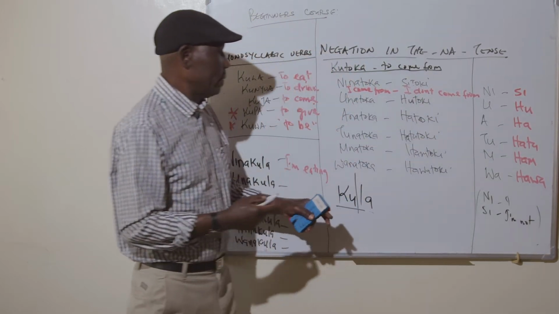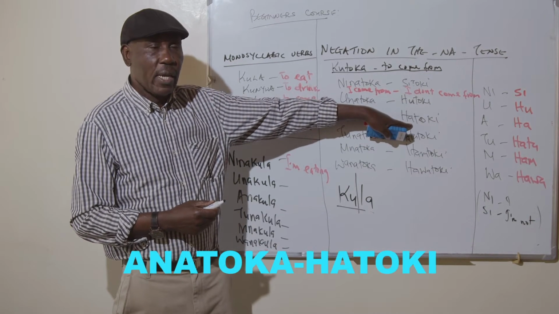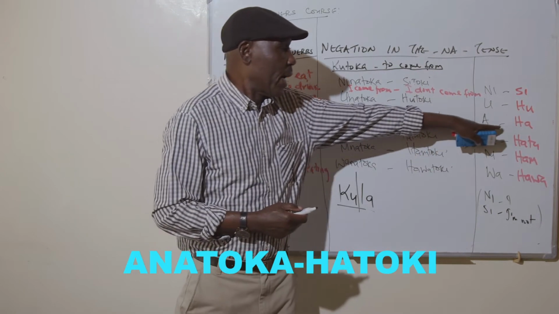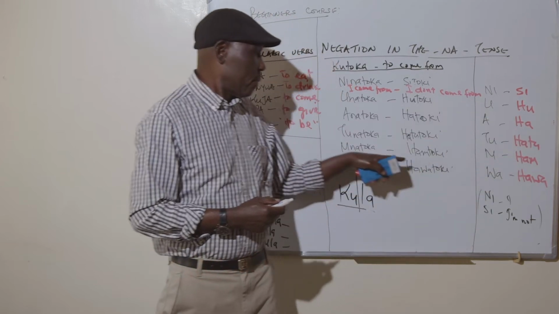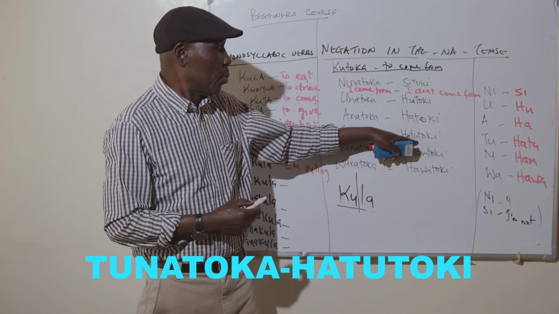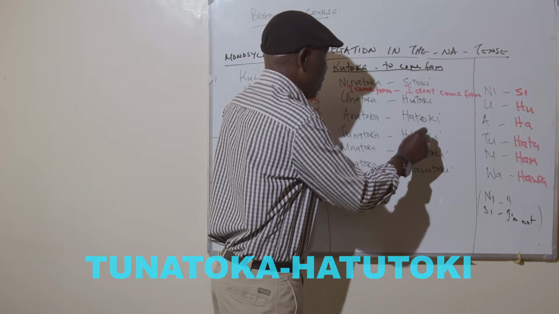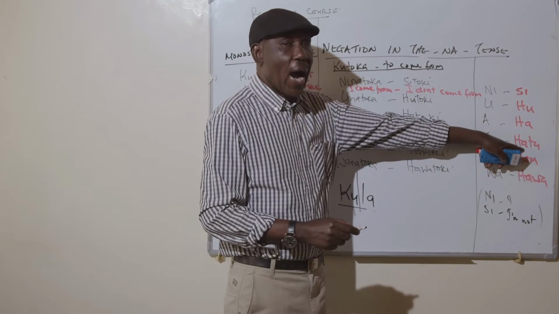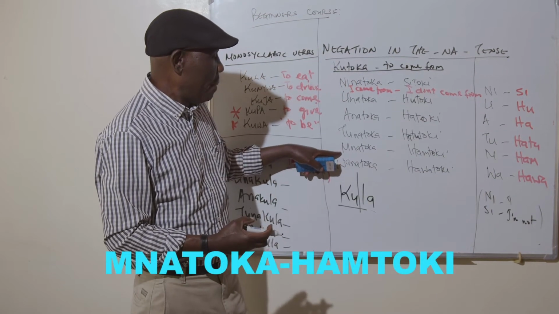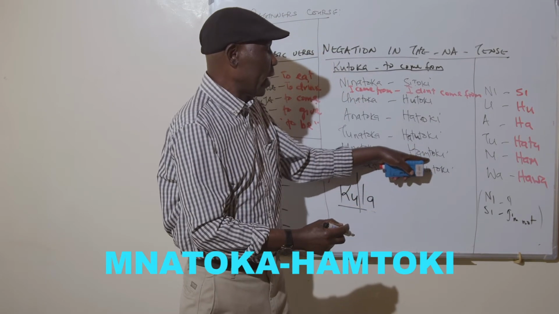Anatoka becomes hatoki. So a becomes ha. Tunatoka becomes hatutoki. So tu becomes hatu. Mnatoka becomes hamtoki.